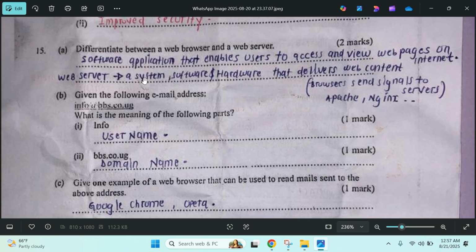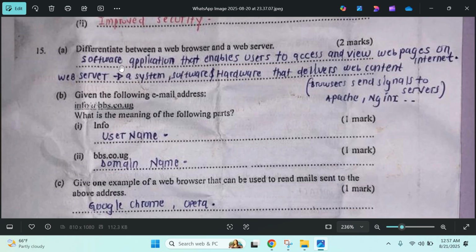Now, what of a web server? A web server is a system. It can be a system, a software, or hardware that delivers web content. In other words, it delivers web content to the browser so that you can view that web content. In the bracket here I was putting that browsers send signals to servers.